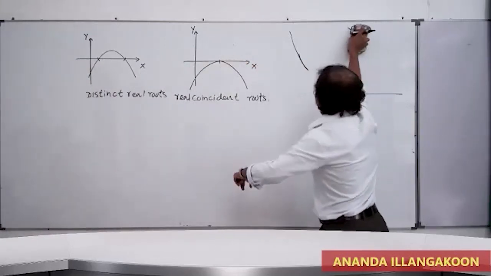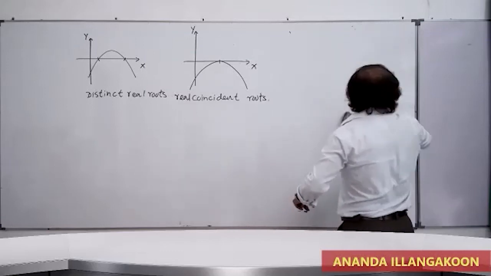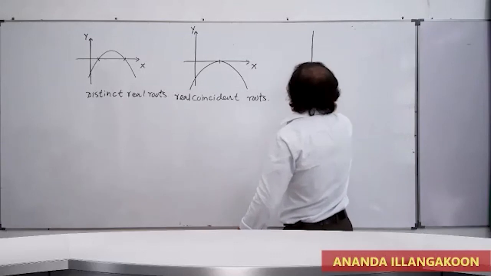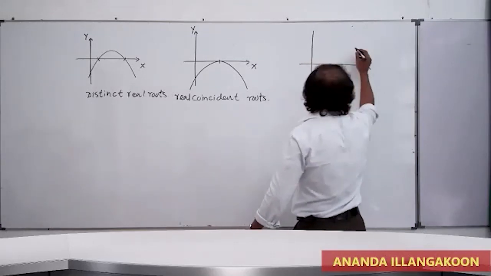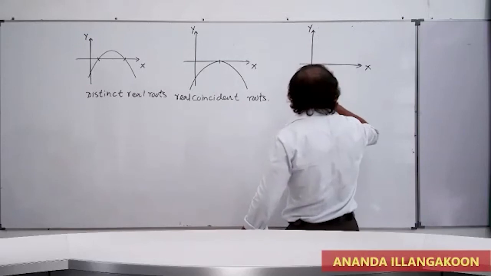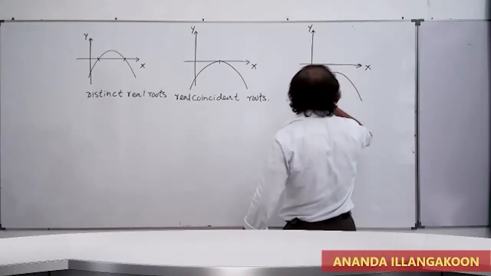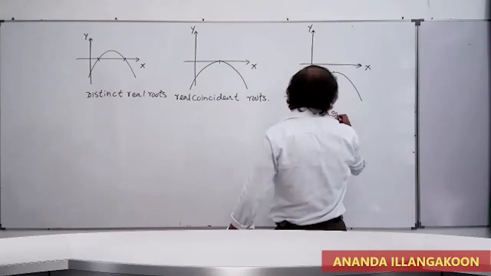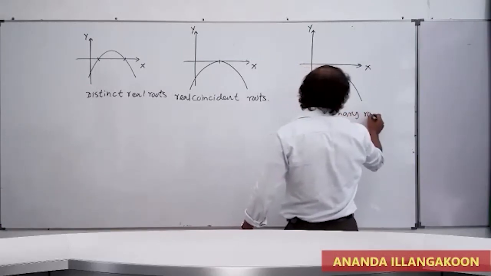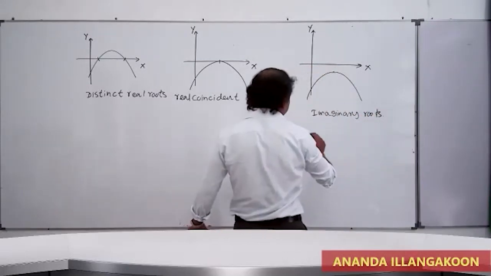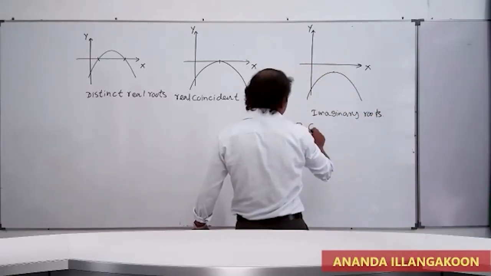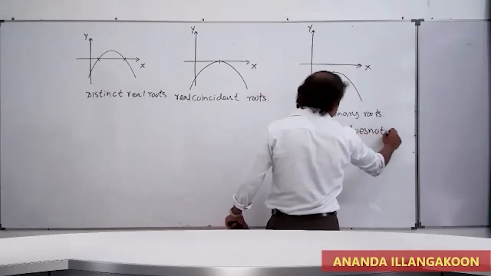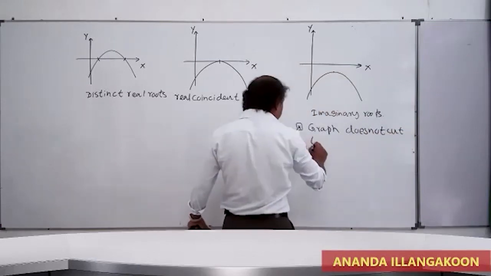The next one, people, is imaginary roots. The graph is like this. Imaginary roots. You can write: the graph does not cut the x-axis.